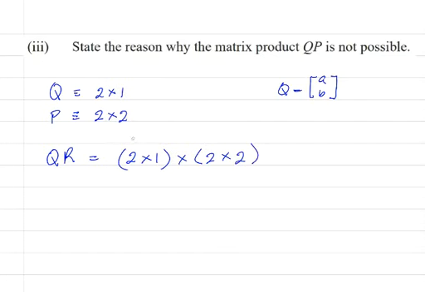So this is row, and this is column, and this is row, and this is column, the order of the matrix. Now, I have a slight error here. Over here we have QR, it should have been QP. Now, two matrices are compatible for multiplication when the number of columns in the first matrix, here 1, is the same as the number of rows in the second matrix, here it's 2.